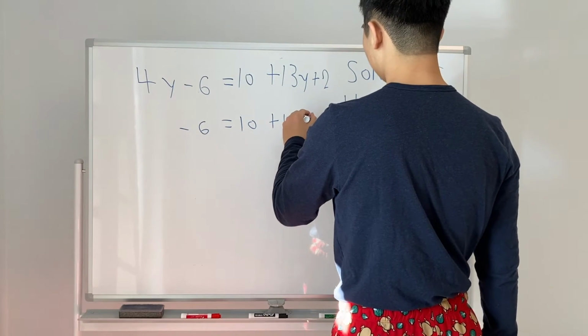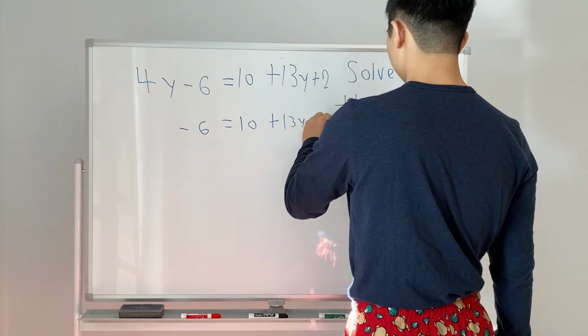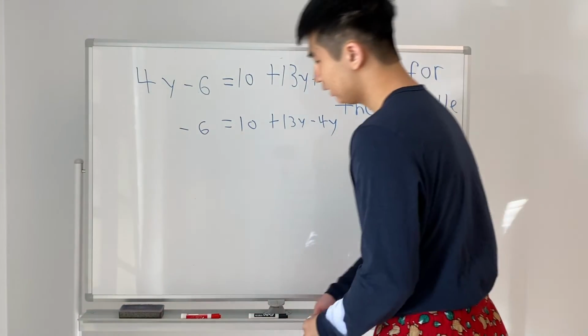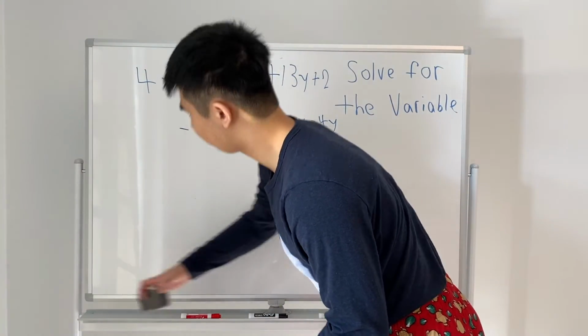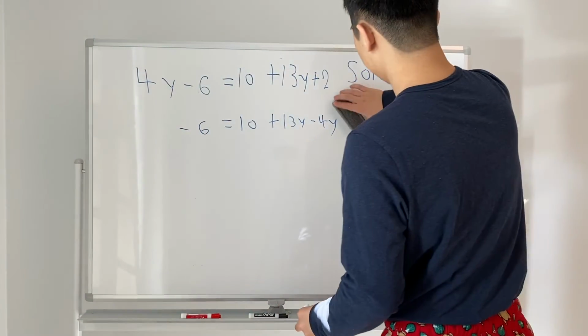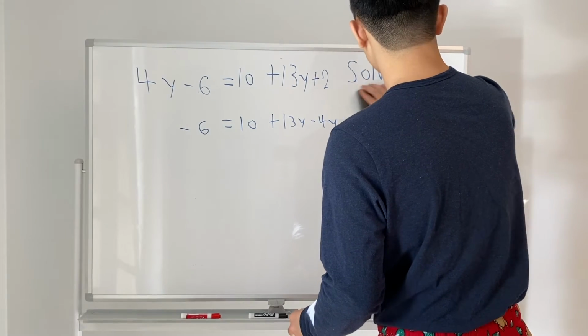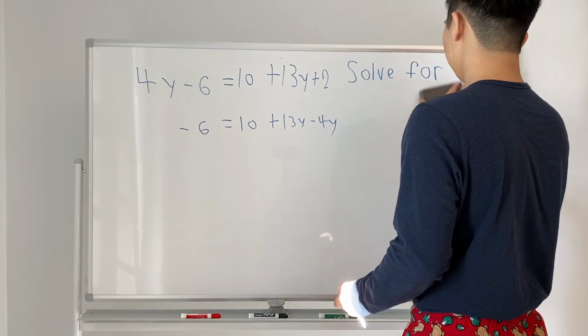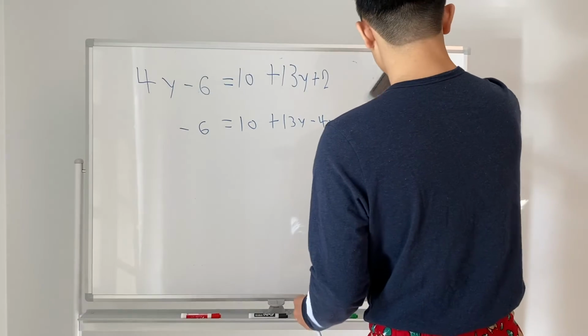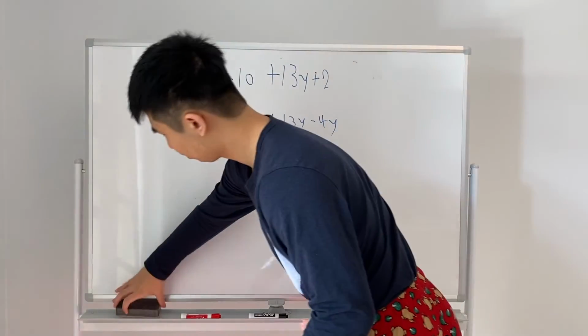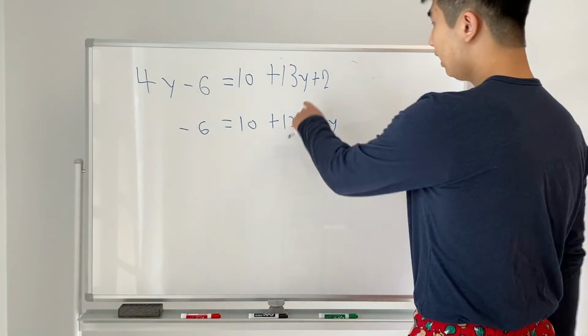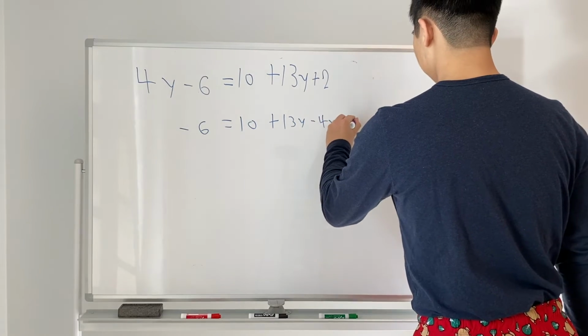So I'm going to erase this here because you know we're solving for y. So you don't need to see this. Just so we need some more space here. So yeah, minus 4y, and then we write this plus 2 out.